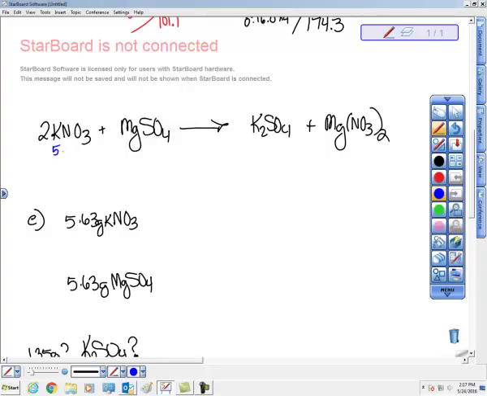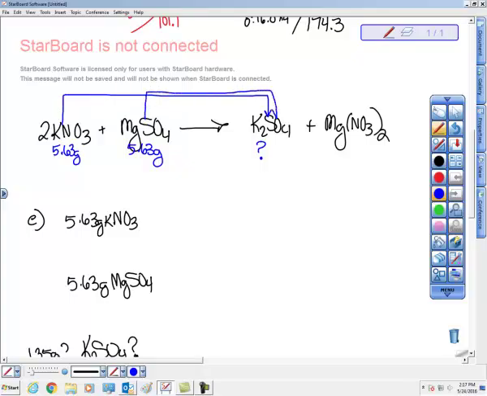So they're giving you 5.63 grams of this, 5.63 grams of this as well, and they're asking you for how much K2SO4 you can make. This is going to require 2 problems. In the first problem, you're going to go from KNO3 to this, but then in the second problem, you're also going to go from MgSO4 to the same thing.